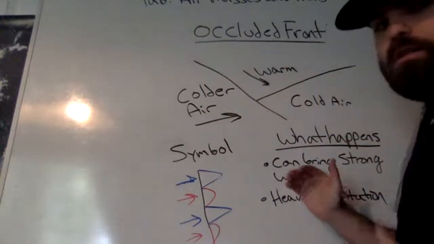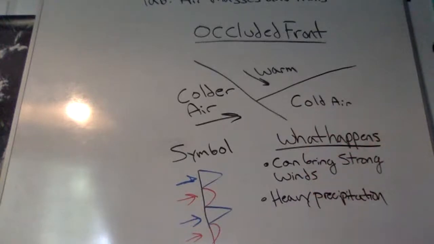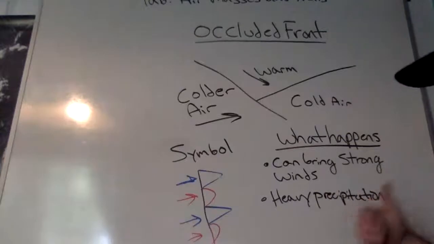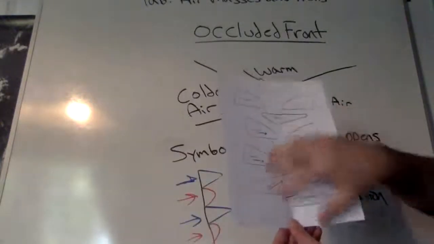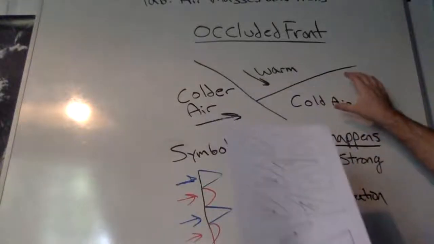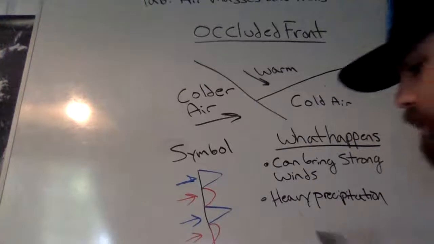All right. So that was basically all I wanted to go over, the 4 different types of fronts. Now, I understand if you don't have a printer at home, again, you don't have to cut these out, but you can use these to map out how I drew them on the board.